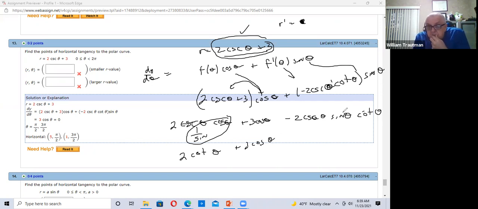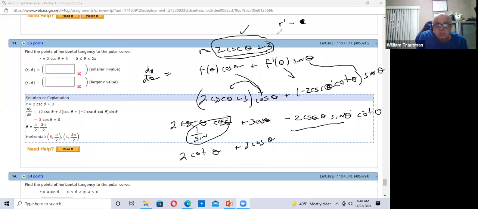And this becomes the same thing. And I see an error here.